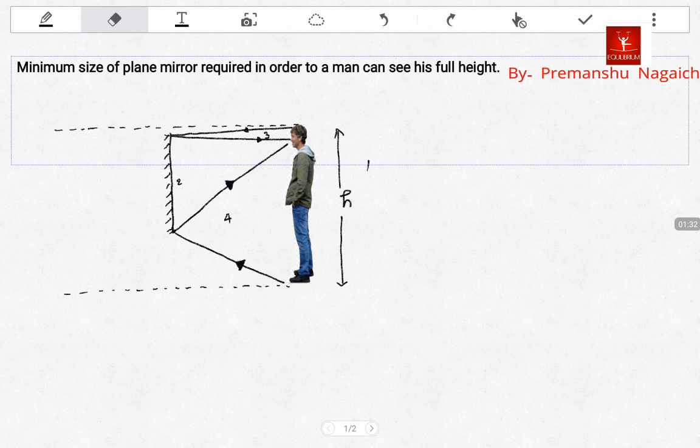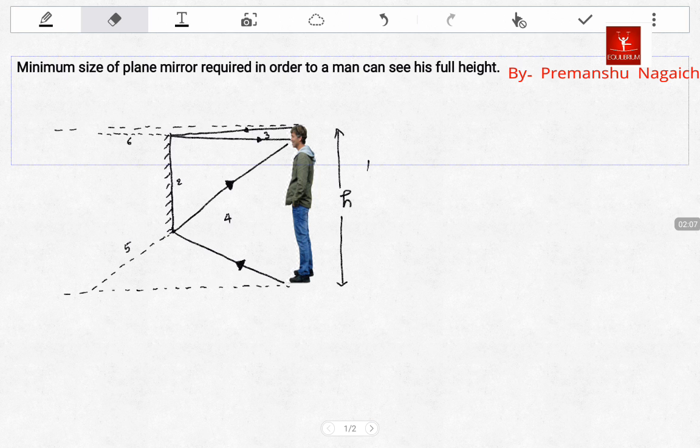This would be the minimum size of plane mirror which is required. A mirror greater than this, placed in a particular position, can allow this man to see himself in this mirror. So we will draw a complete sketch for this complete light ray. This light ray looks like it is coming from this point, and this light ray looks like it is coming from this point.